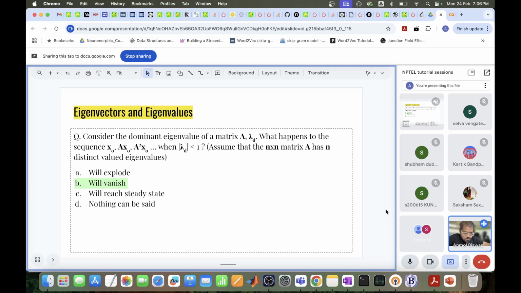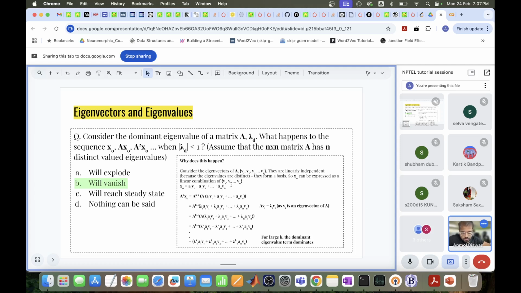And if you have a basis in Rn, then any vector in Rn, such as x0 that we have over here, can be represented as a linear combination of the basis vectors. In this case, the basis vectors are nothing but the eigenvectors, right?